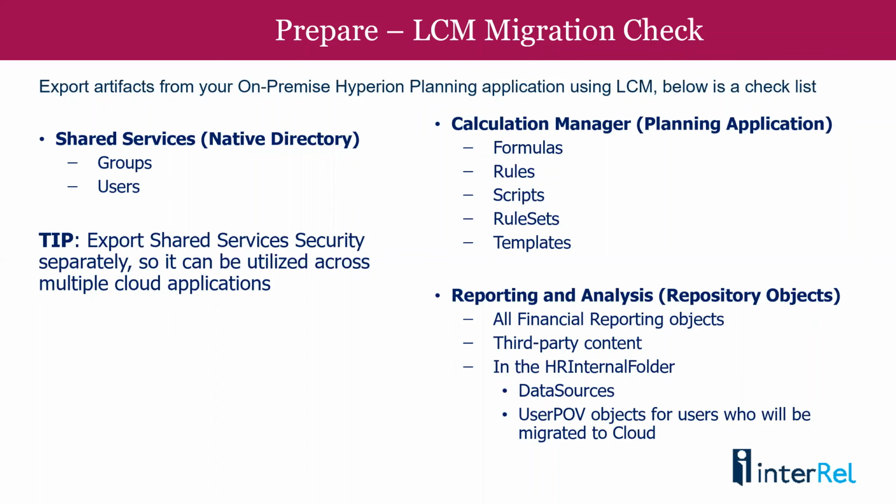So what I would suggest is you export shared services first, because then you can update the groups and the users of who has what access, and then you could rezip them application specifically. So that instead of having to export shared services for each app, just do it as one and then use that to move it.